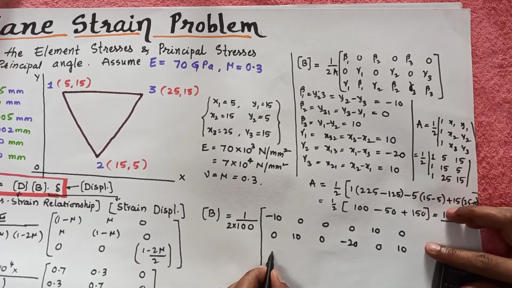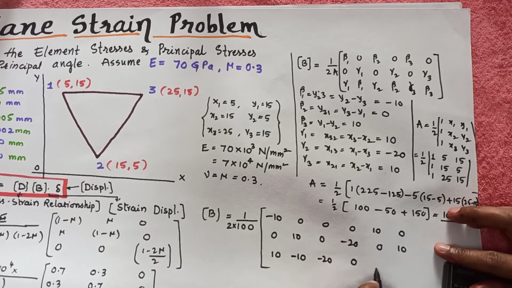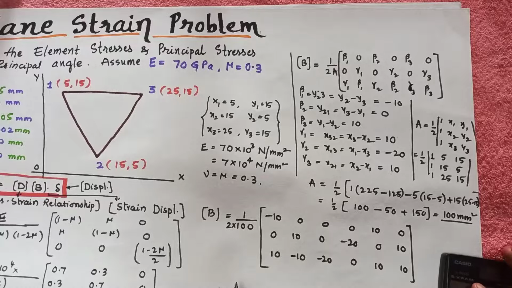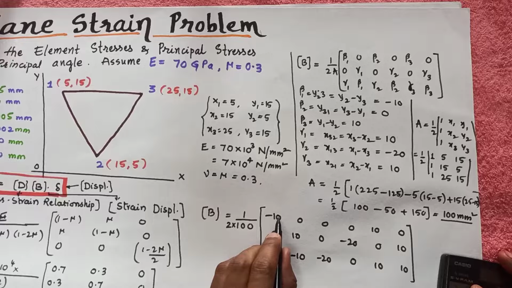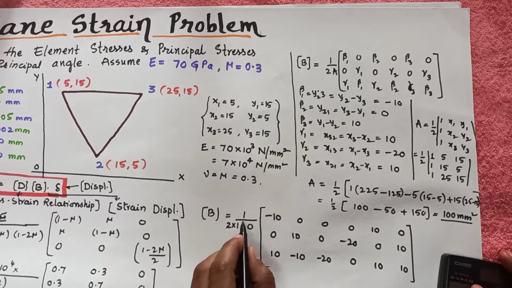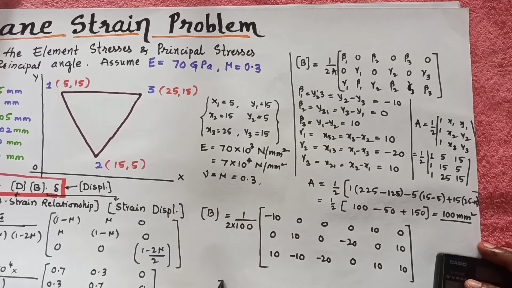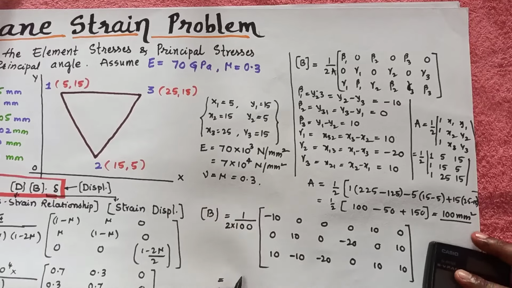Finally gamma 1 is 10, beta 1 is minus 10, gamma 2 is minus 20, beta 2 is 0, gamma 3 is 10, beta 3 is also 10. Okay, so we have made it in a simple form. Now here 10 is common inside, so to reduce the numbers, you can take 10 outside. So inside there will be 1, 1, 2, 1, like that.